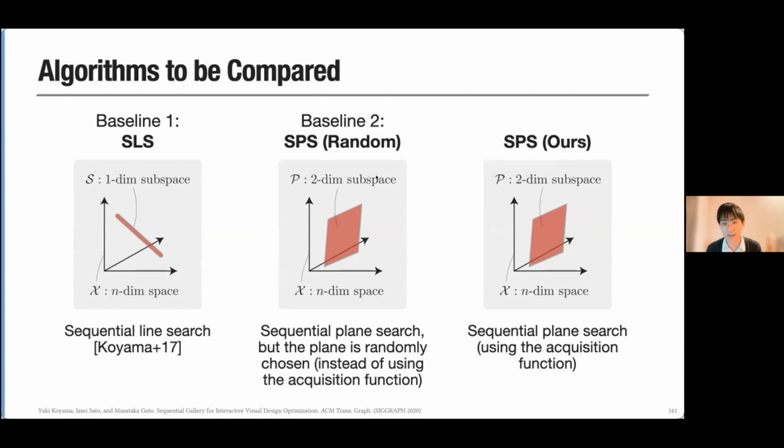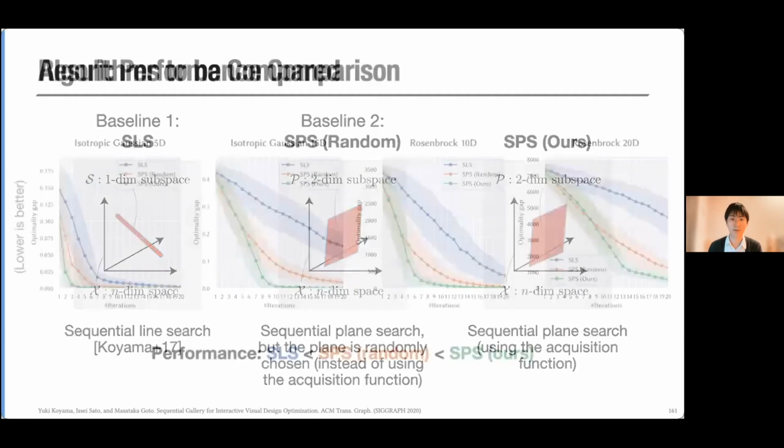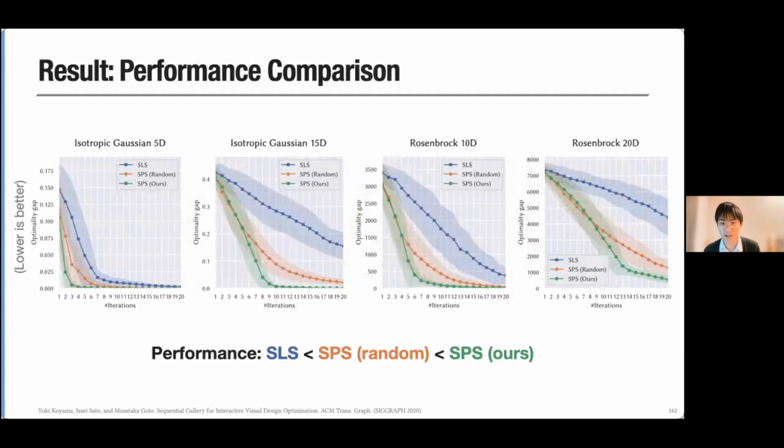And the second baseline is similar to the proposed method, but the plane is randomly chosen instead of based on the acquisition function. And here are the results using synthetic test functions. These plots indicate that our method, indicated by green, consistently outperformed the other baselines.